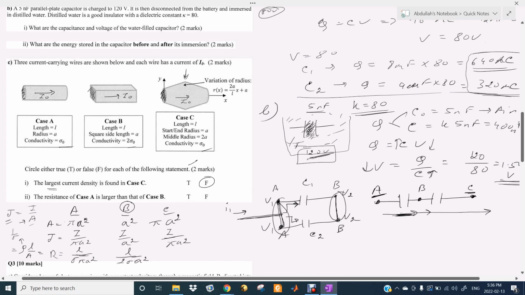So clearly you have L by sigma a squared in both, but one is divided by 2 and the other is divided by pi, and pi is 3.14. Definitely pi is greater than 2. Therefore, the resistance of case A is smaller than case B. Therefore, this is also false.